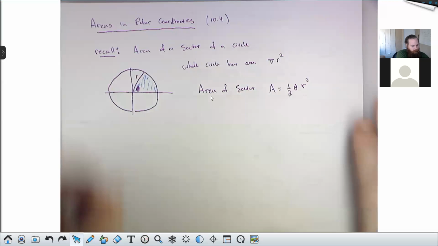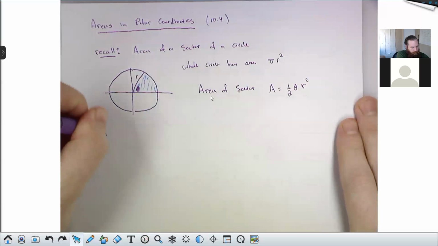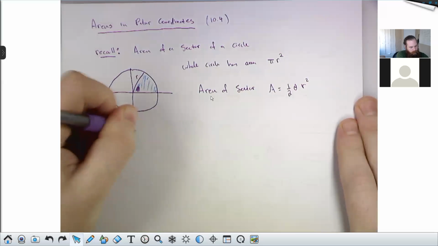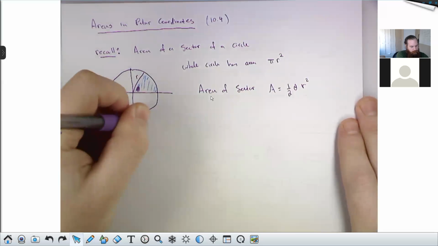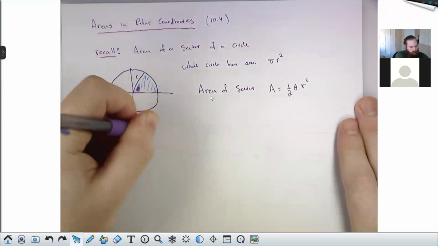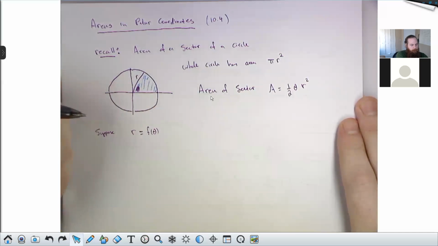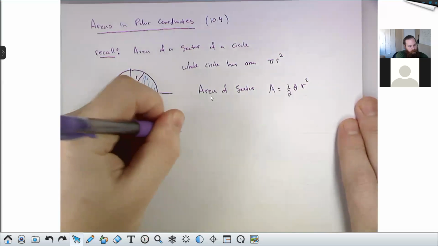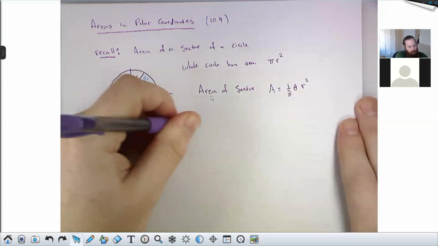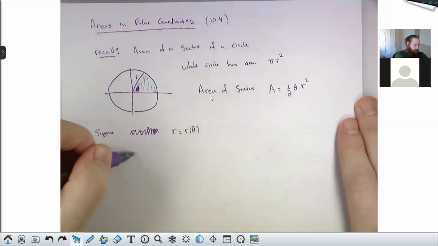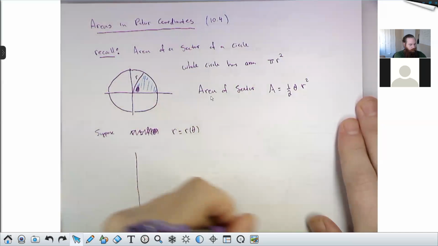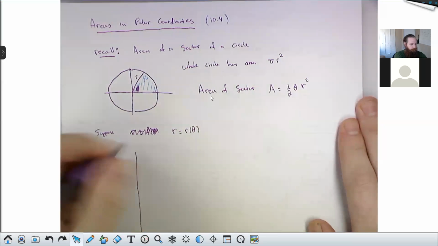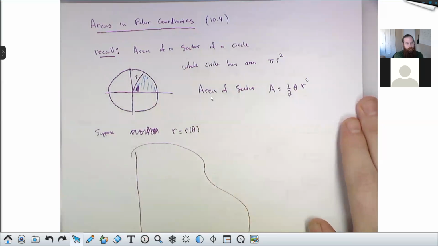Now suppose you've got a curve. R equals, we'll call it f of theta. Actually, let me just call it r of theta. That'll make life nicer. I'm sorry for the notation change. R equals r of theta. And you want to find the area, so maybe that curve looks something like this.